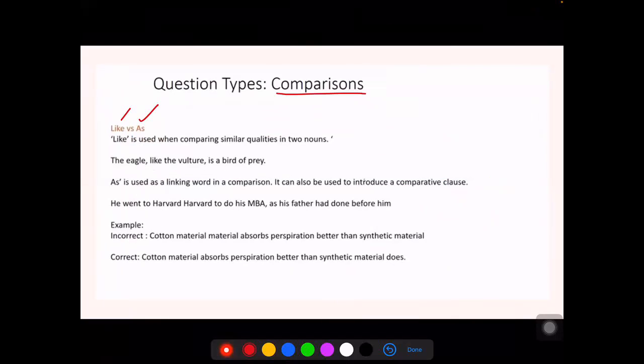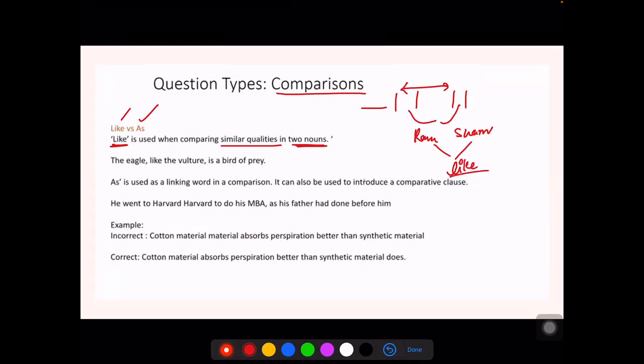Let's check out what is said in these kinds of questions. 'Like' is used when comparing similar qualities in two nouns. When we are talking about a quality that is similar in Ram and Sham, they are talking about the same kind of quality in both aspects. In two nouns, Ram and Sham have the same qualities, right? So we use 'like'. They are like each other, right?